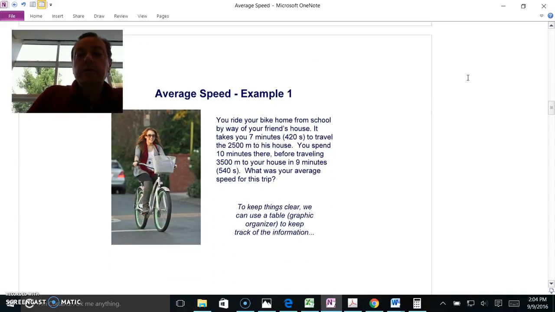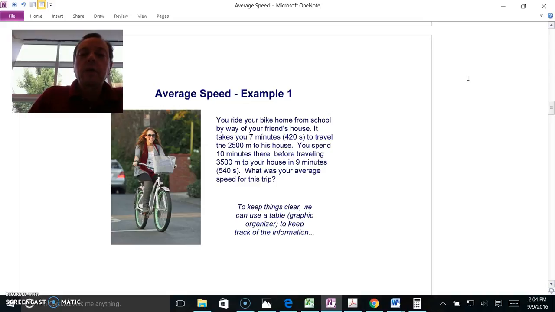So if you ride your bike home from school by way of your friend's house, it takes 420 seconds to travel 2,500 meters to his house. You spend 10 minutes there before traveling 3,500 meters to your house in 9 minutes, 540 seconds. What was the average speed for the trip?